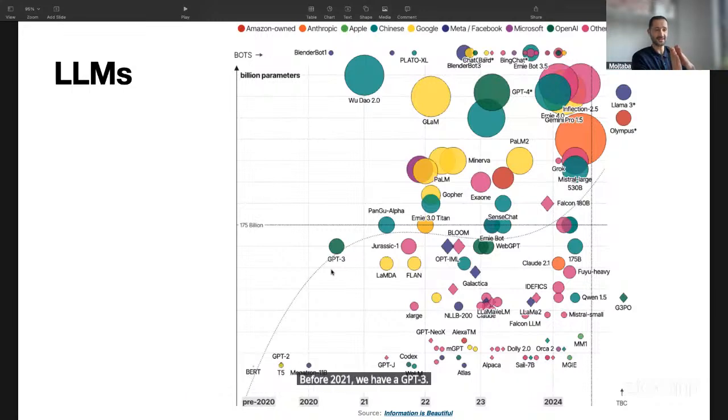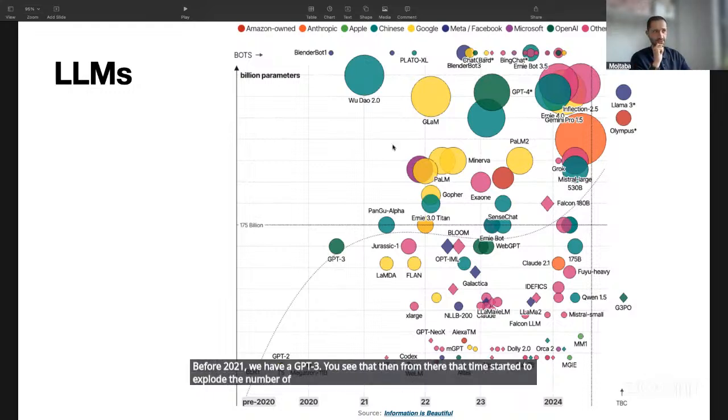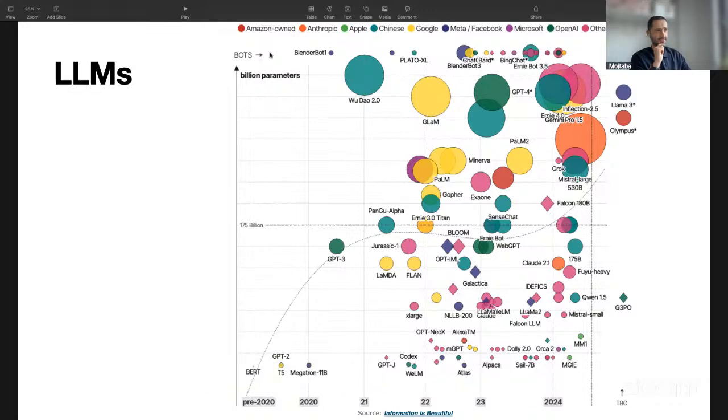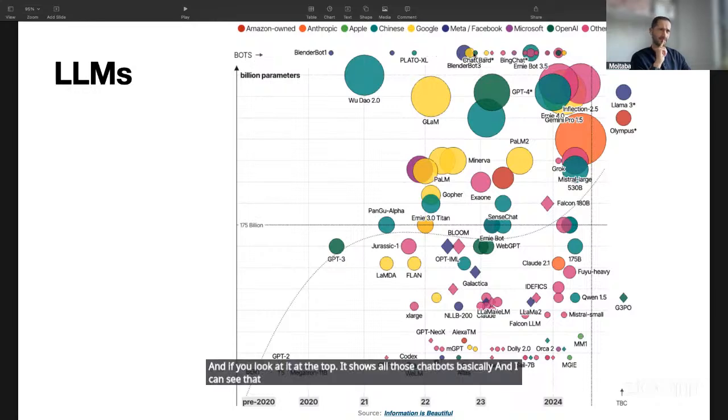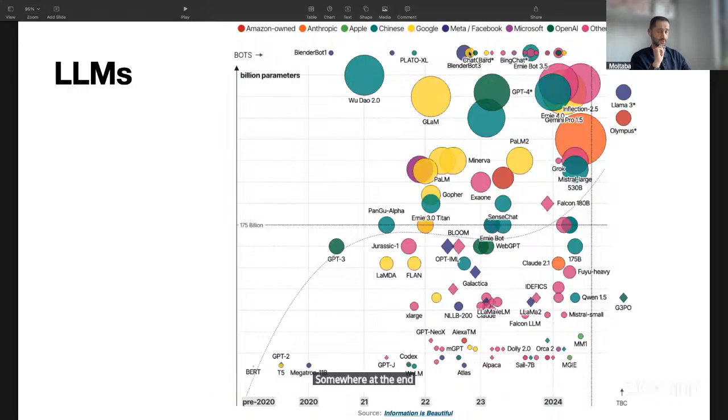From there, the number of large language models started to explode. If you look at the top, it shows all those chatbots. I believe this is the time that ChatGPT came in, somewhere at the end of 2022, and it changed the game.